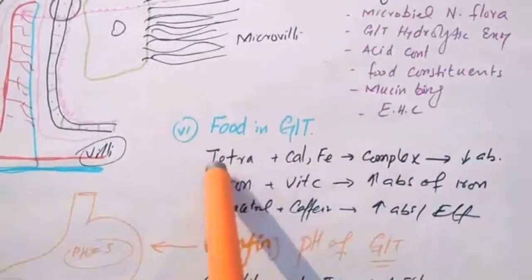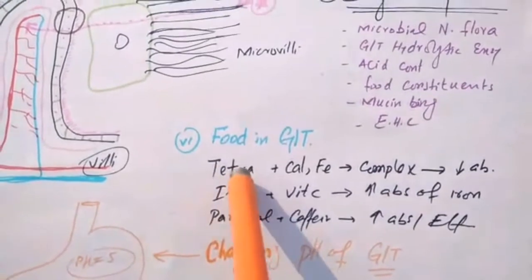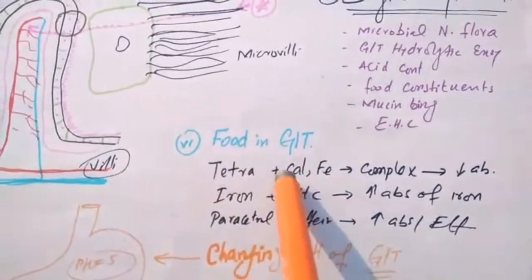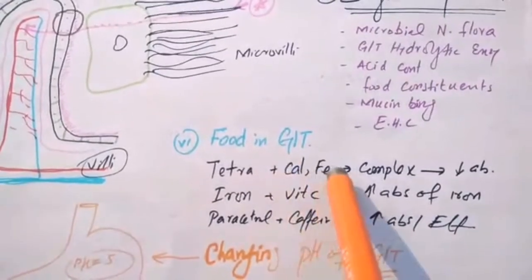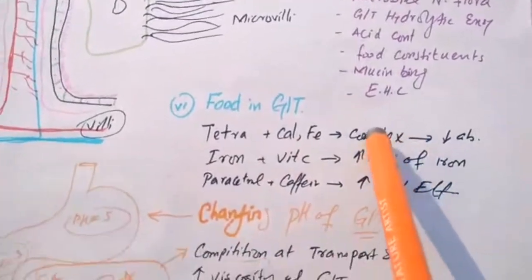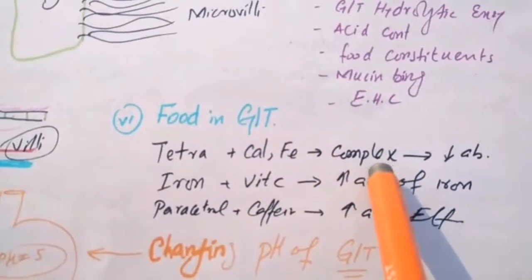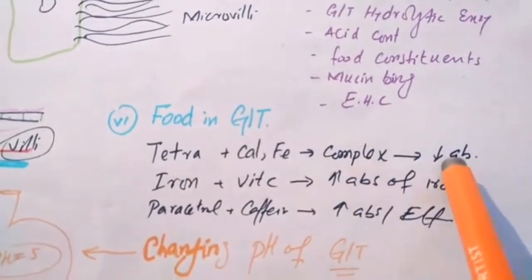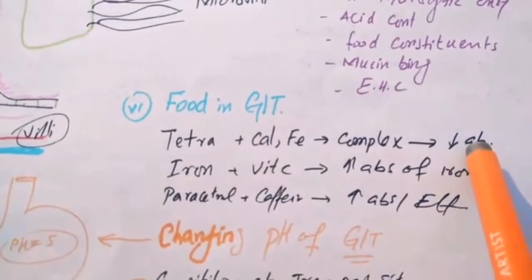Let's consider tetracycline and even the fluoroquinolone group of antibiotics: they form complexes with divalent metals like calcium, iron, and so on.